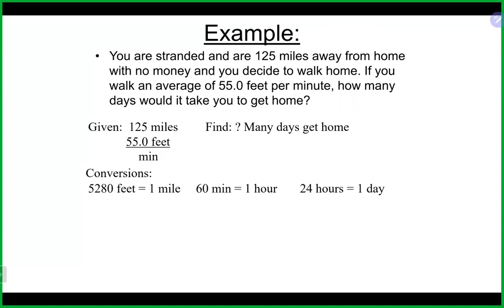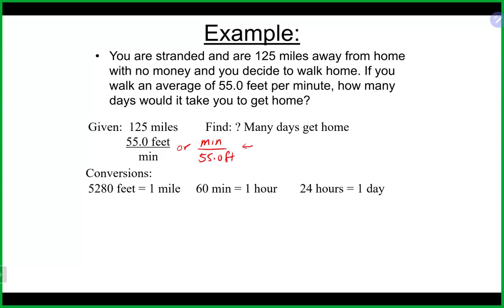Okay, so let's take a look. In this case, we have 125 miles. We're also given how fast we're walking, which we can use as a conversion factor from the actual problem, and we can flip it around if we like. That is really a rate, and that's going to allow us to go from our distance to time, which is ultimately what we're looking for.